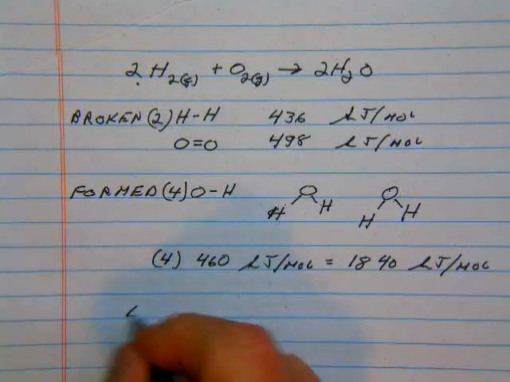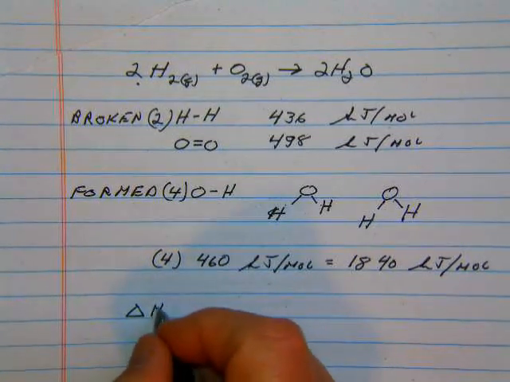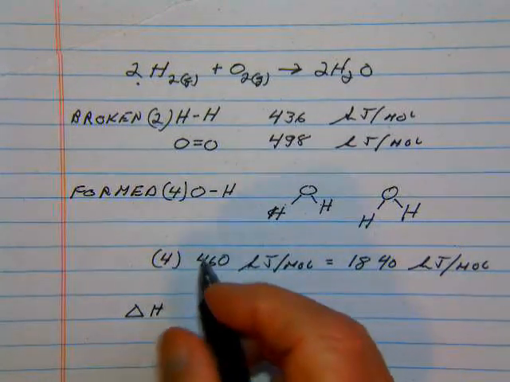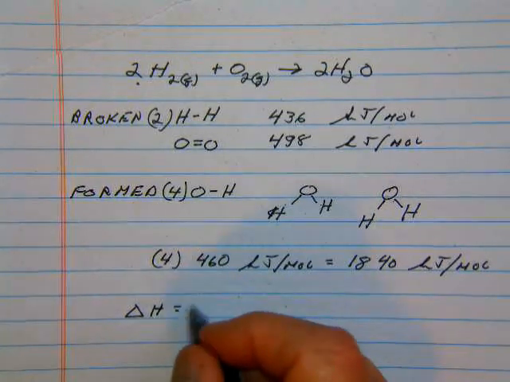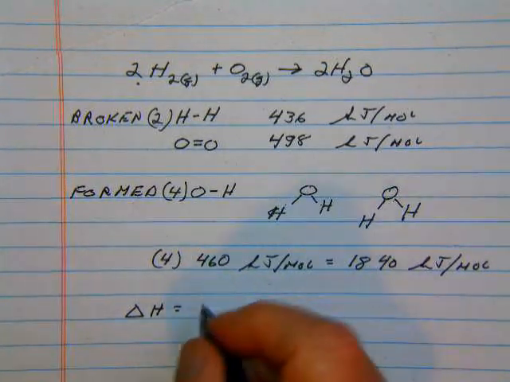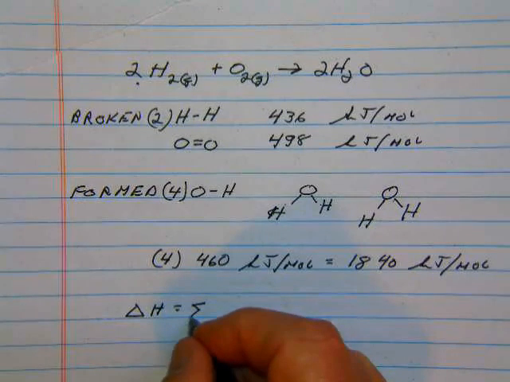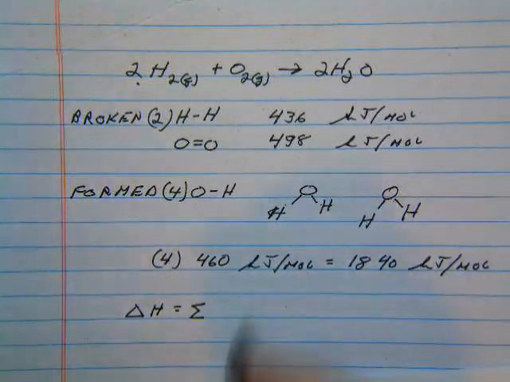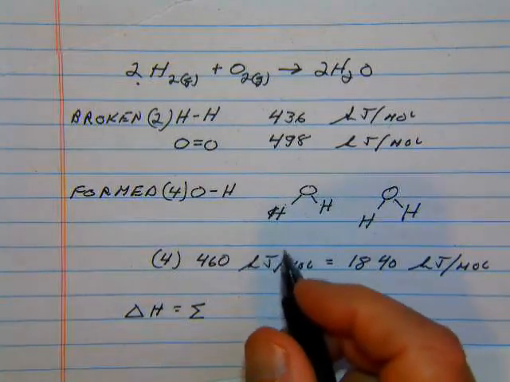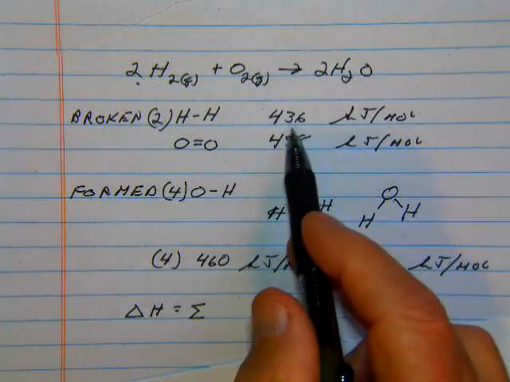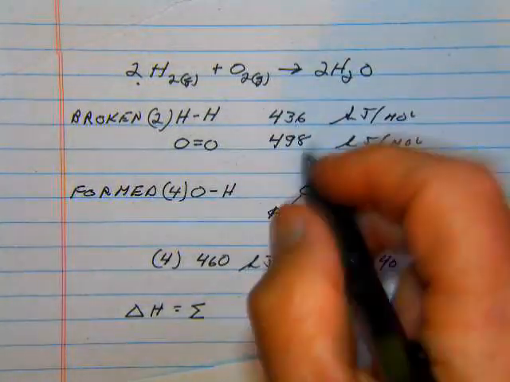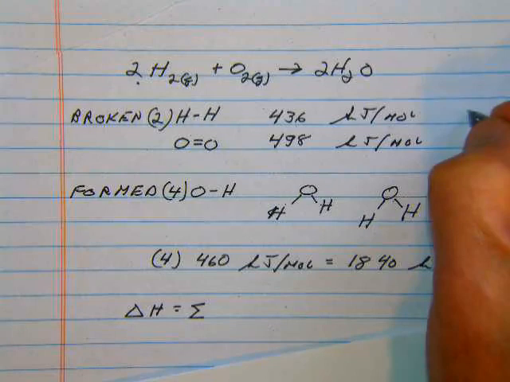So our delta H is going to equal the summation of the bonds that are broken. So we have 436, well, we have 2 of those, so that's going to be 872.